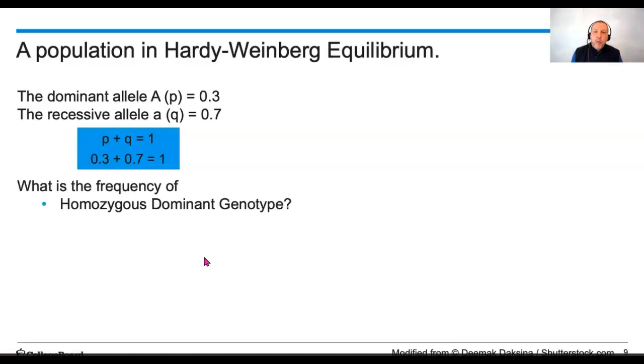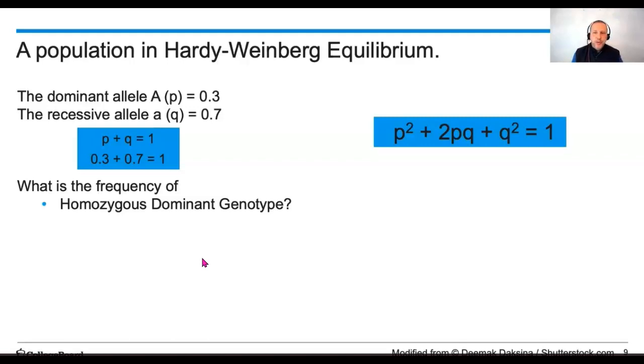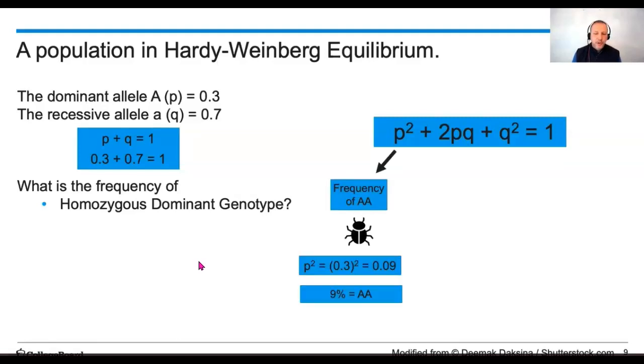Now we're going to look at what is the frequency of the homozygous dominant genotype. Well, we're going to use the equation p squared plus 2pq plus q squared equals 1. p squared is the frequency of the homozygous dominant genotype. So p squared is equal to 0.3 squared equaling 0.09 or 9%.